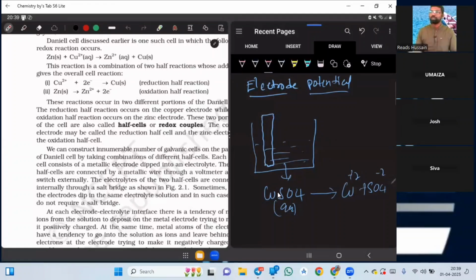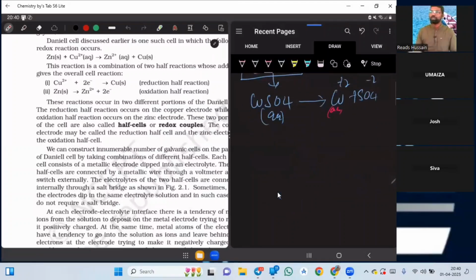The copper metal rod consists of a huge number of copper atoms, and the copper sulfate solution consists of a huge number of copper ions. When copper metal atoms and Cu2+ ions are in contact with each other, there exists a potential difference.